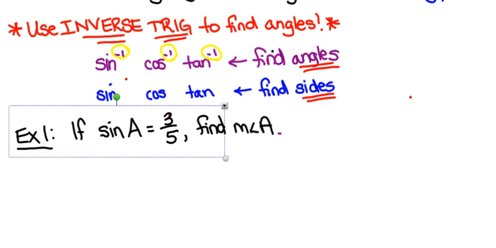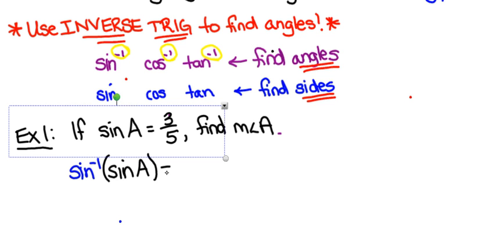So inverse trig is going to be used to undo taking the sine of an angle. So the way this is going to look in our notes or in our problem solving is we're going to do an inverse sine of the sine of some angle.